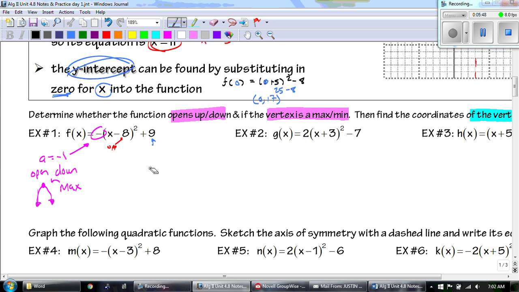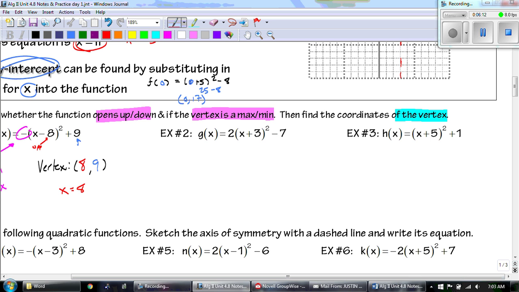I'm just going to move this real quick. Vertex is (8, 9). And then I don't think we had to do it, but our axis of symmetry would be x equals 8. Okay, so there's a lot of information we can tell just by looking at this. a is 2. Okay, if it's 2, we open up.